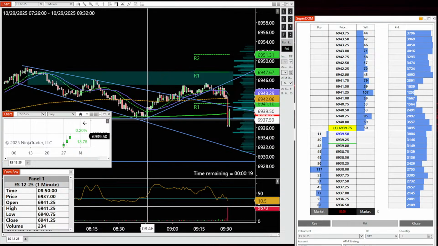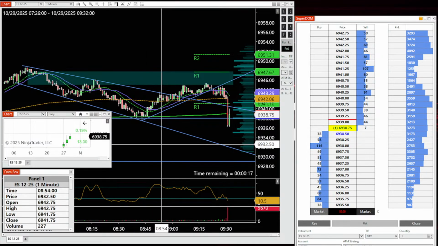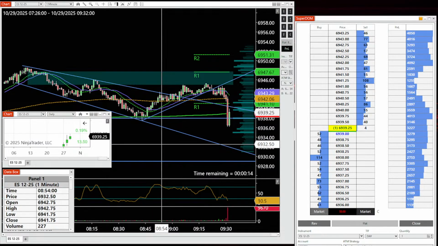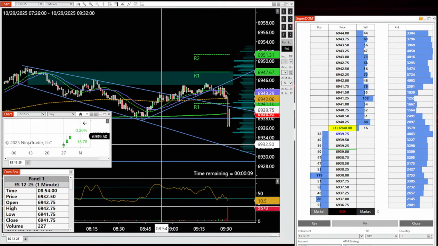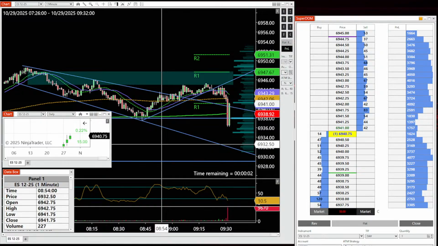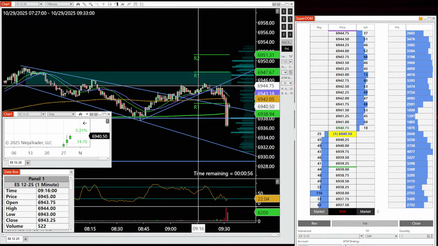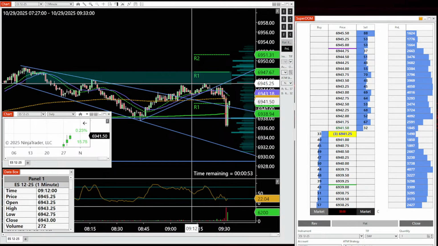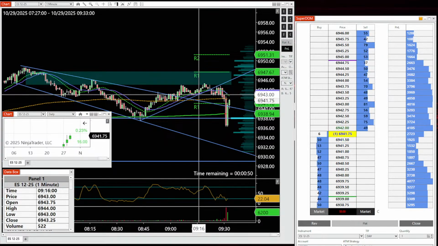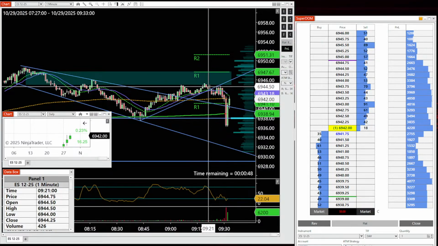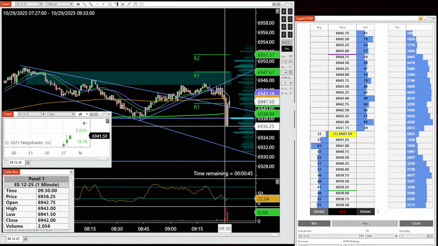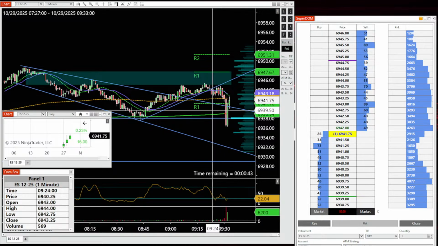Back to 40. 46 to 36, a 10-point move, not from the open, but 45, 40, 46, almost 10 points.